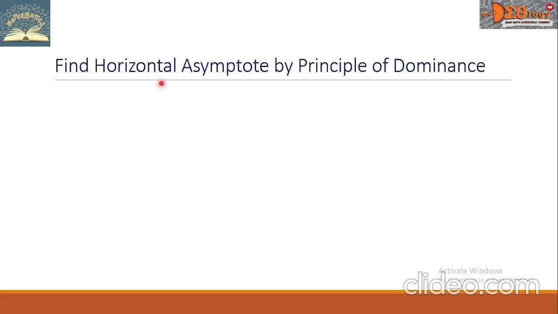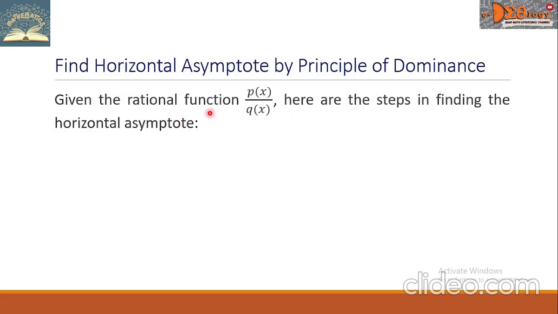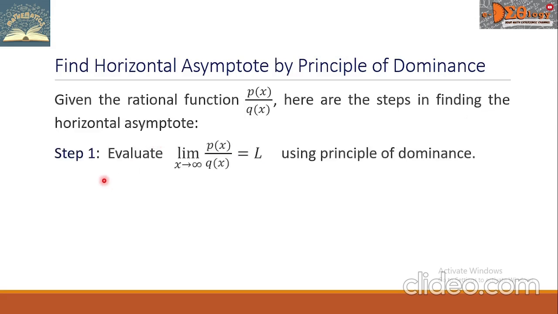Let us find horizontal asymptote by principle of dominance. Given the rational function p of x over q of x, here are the steps in finding the horizontal asymptote. Step 1.